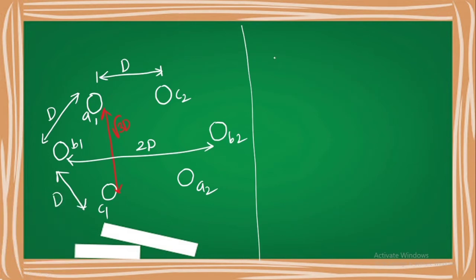So now lambda A1 is nothing but the flux linkage of the conductor A1 in this group containing 6 conductors.